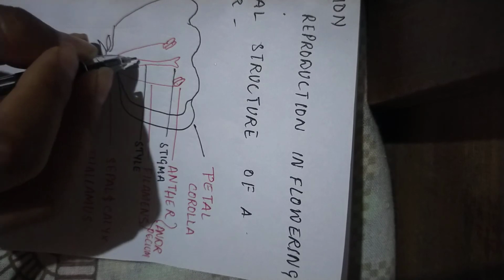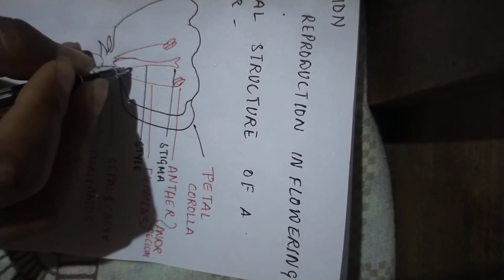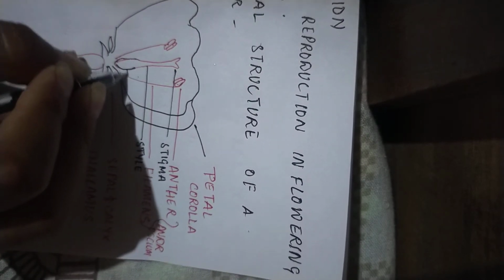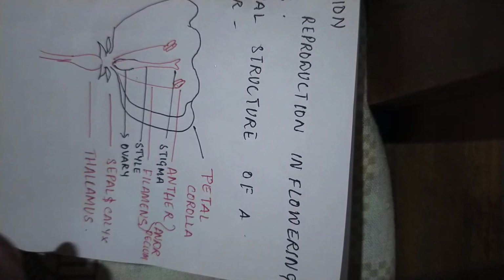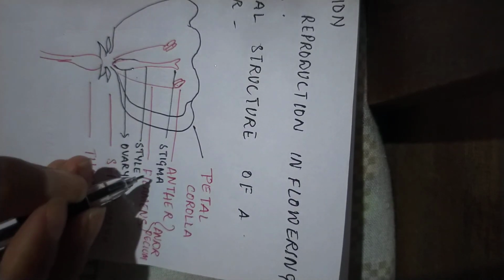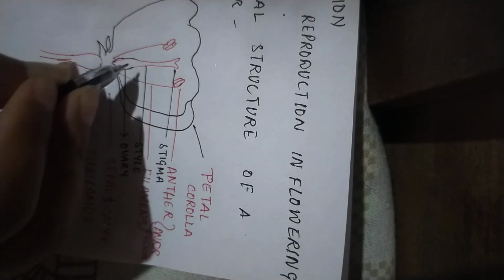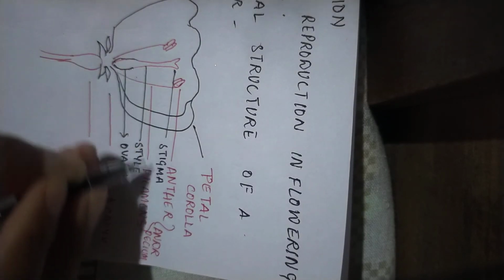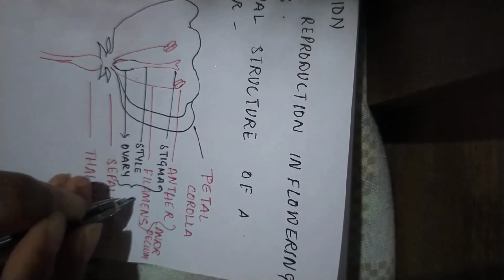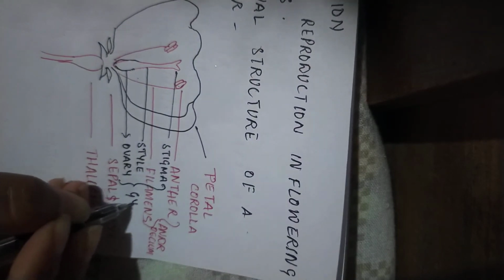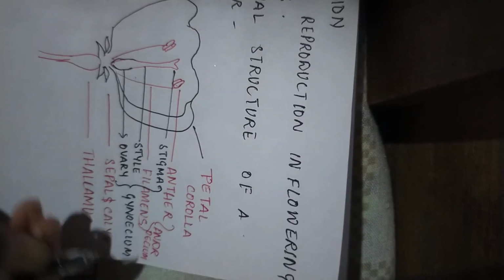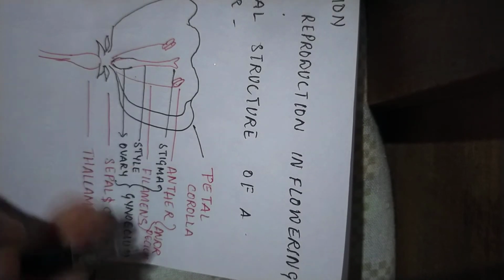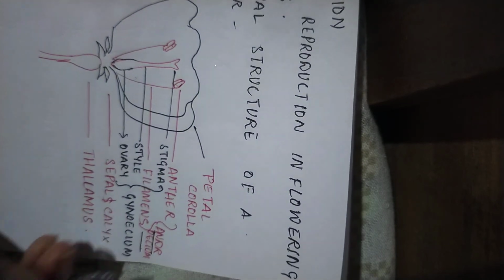And the lower part, which is a bit wider, is known as the ovary. This is the female reproductive part of a flower, known as the gynoecium. And the male reproductive part of a flower is known as the androecium.